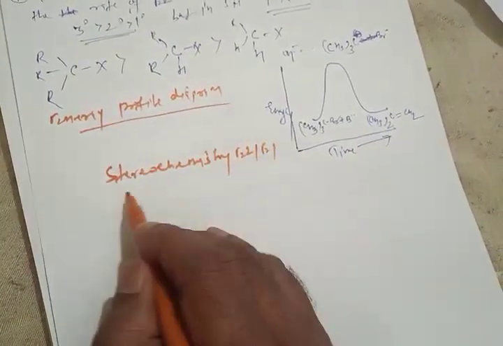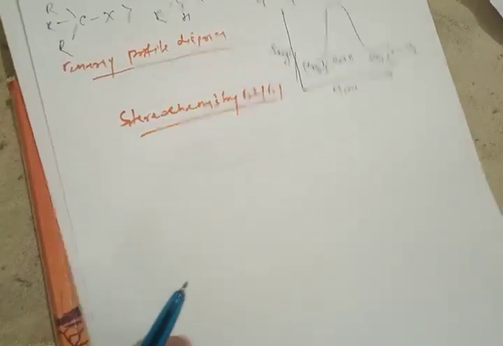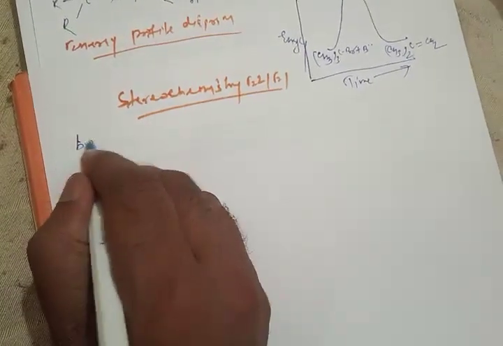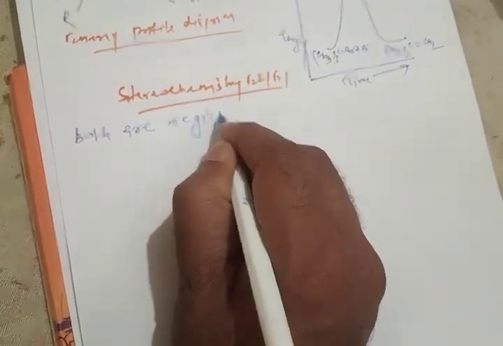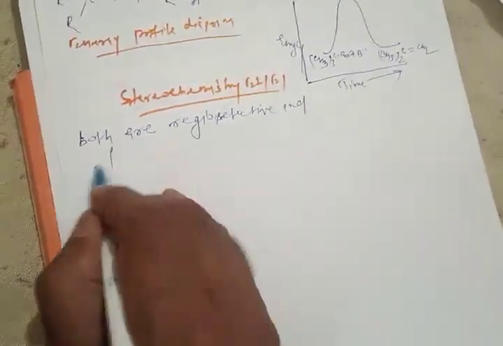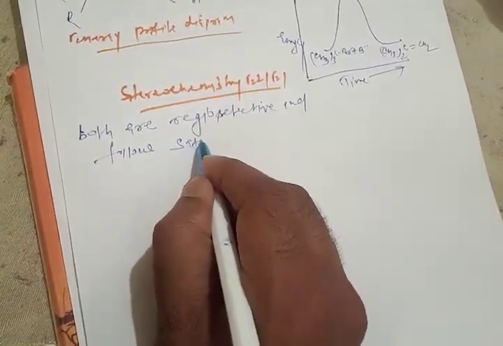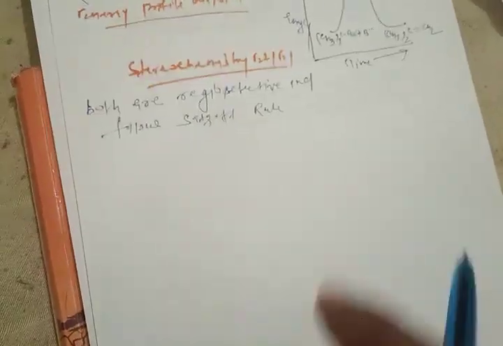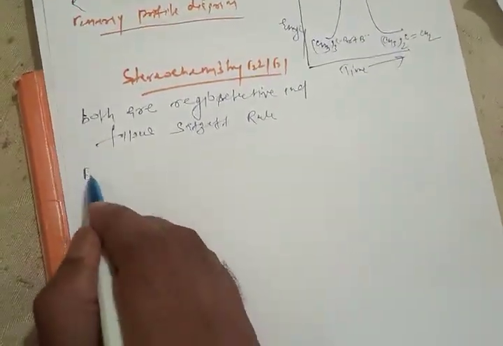It just follows the Saytzeff rule. Both are regioselective and follow the Saytzeff rule. That means whatever the reactant is, it depends on the number of alkyl groups.